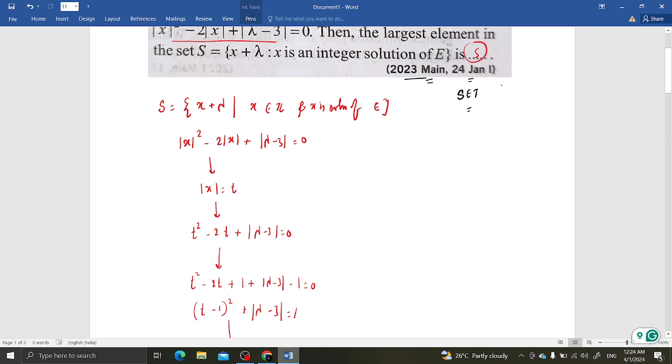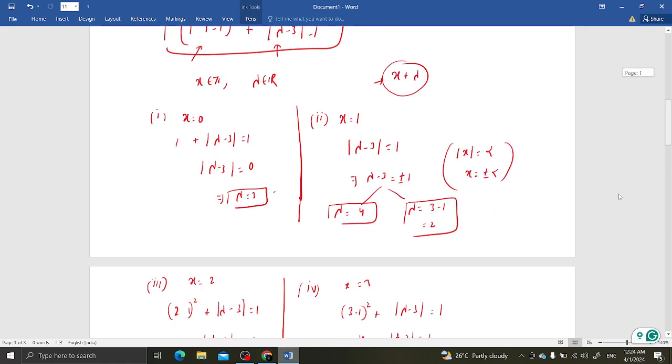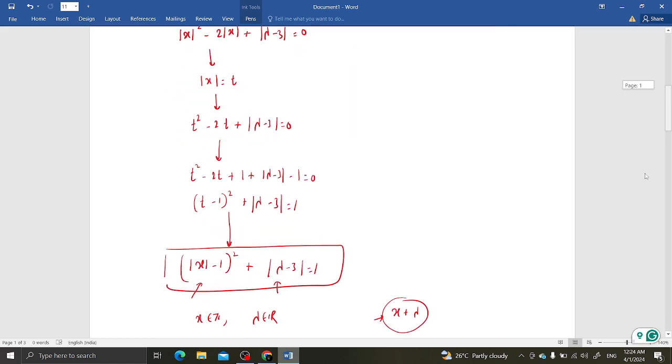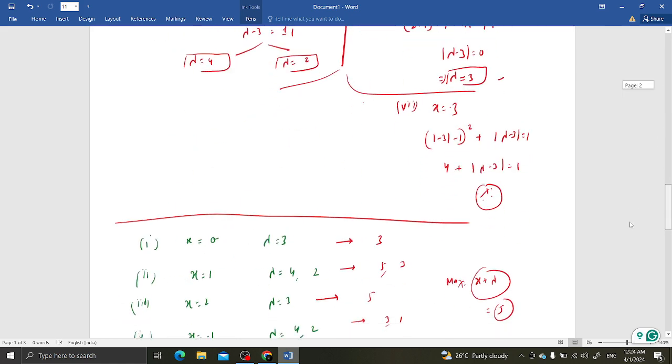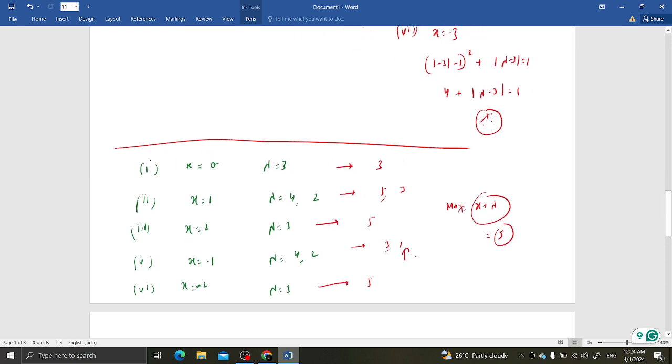But it may be possible that here they are asking for the largest element in the set S. It may be possible they were asking for the minimum element in the set S. So how can we find the minimum element? The same procedure. Here the minimum element you can observe is 1. So the minimum value of x plus lambda is 1.